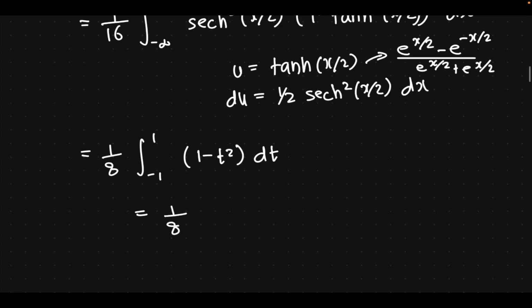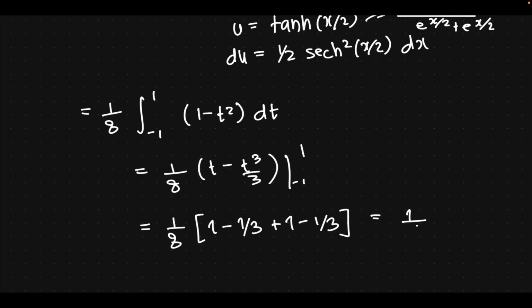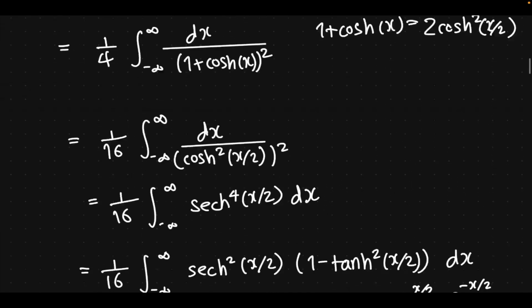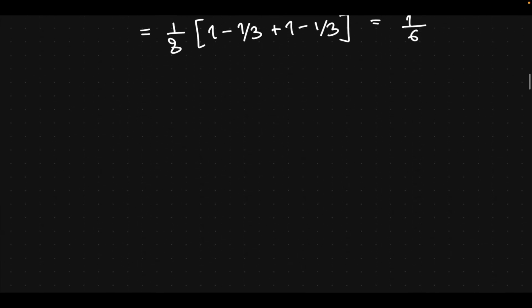So 1/8 times (t minus t cubed over 3) from minus 1 to 1, which is 1/8 times (1 minus 1/3 plus 1 minus 1/3). If we evaluate all that, that's 1/6, and that's the answer for number 12. Moving on to number 13.